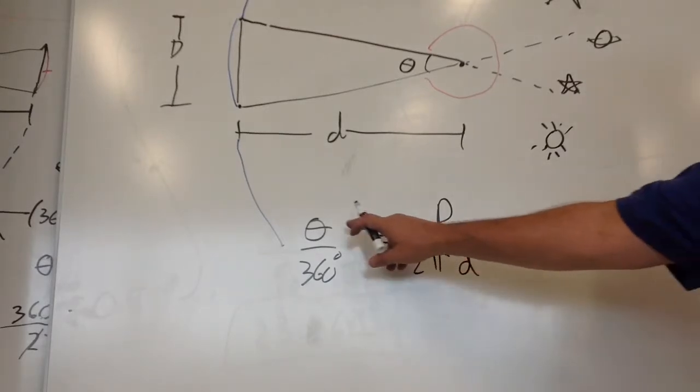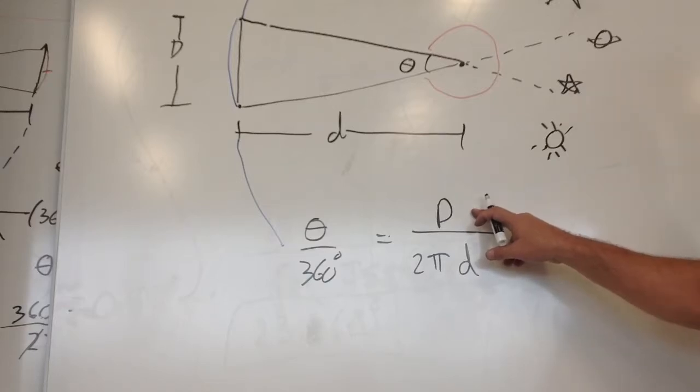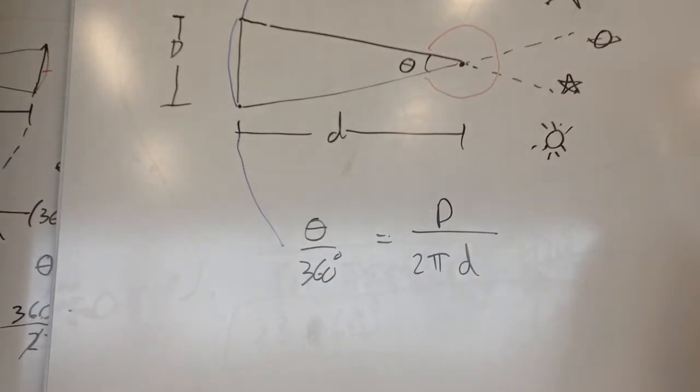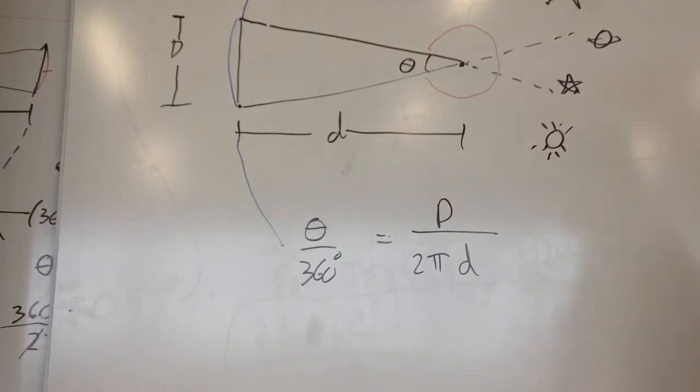So theta is something we measure. D is a known. When surveyors do this, they use something called a surveyor's chain, which is a length of inflexible chain that is a standard length to measure, to do cartography basically.